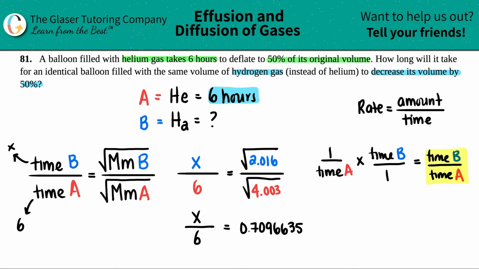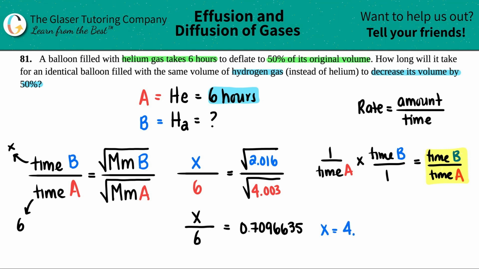So I'm going to solve for X, which was the time it takes hydrogen to deflate by 50%. And all I got to do is just times that value by 6. So sig figs, technically it should be 1 sig fig because we had 1 sig fig in the 6 hours, but I'm just going to say, 4.3 maybe?